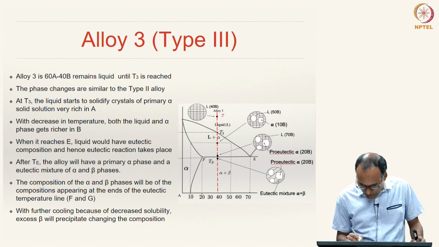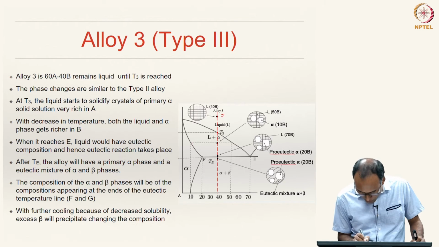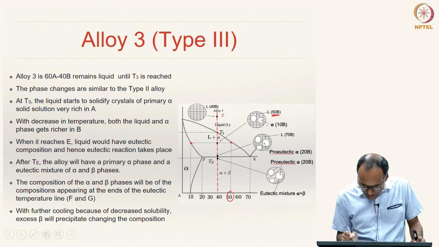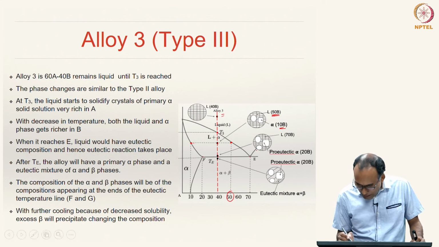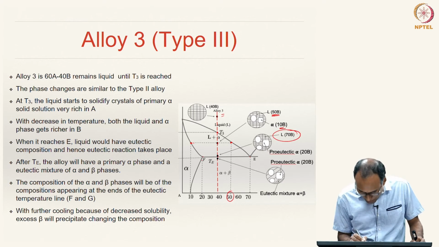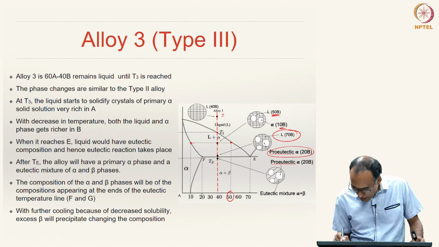Somewhere in between you draw a tie line and you see that it is 50 B. So, the liquid composition will be 50 B and alpha's composition will be 10 B, right. And if you further cool it down to just above the eutectic line, then the liquid composition will be 70 B, that means the eutectic composition, and the solid will be 20 B, proeutectic alpha at 20 B.